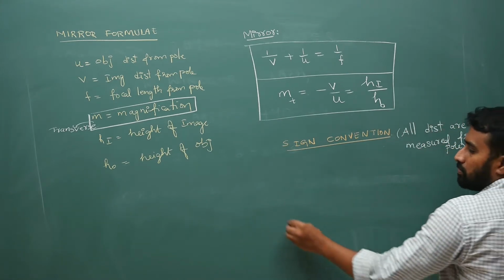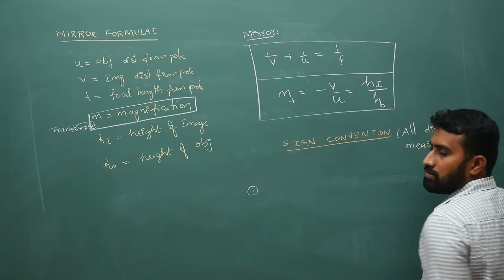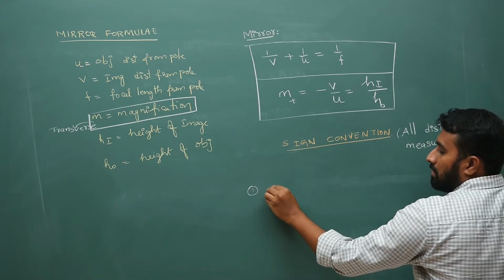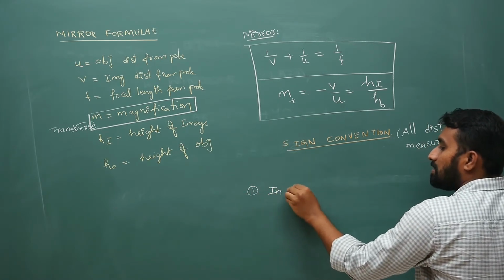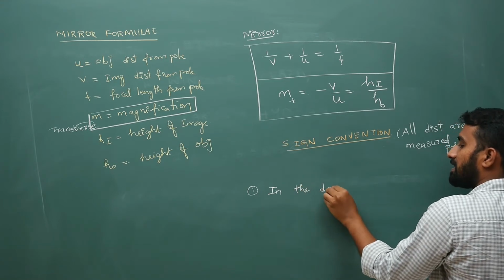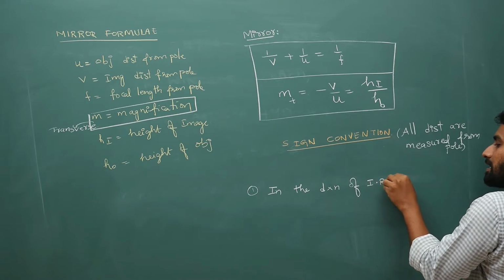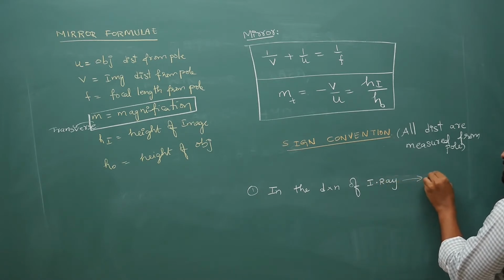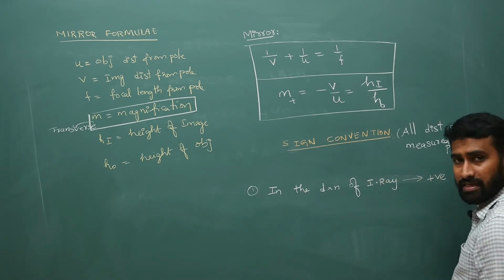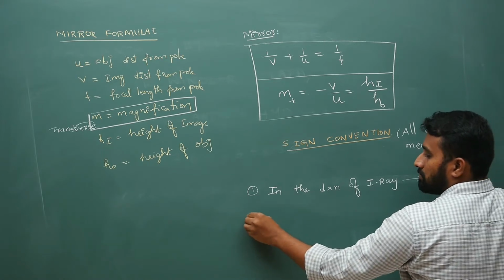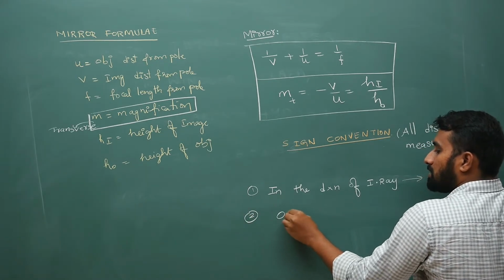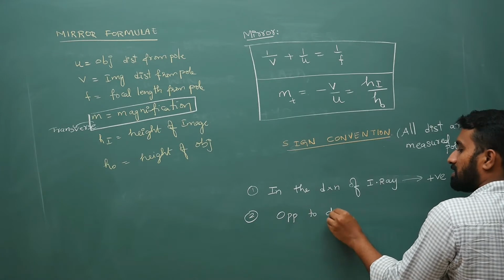Now the rule is like this: if the distance is in the direction of the incident ray, you have to take it as positive.